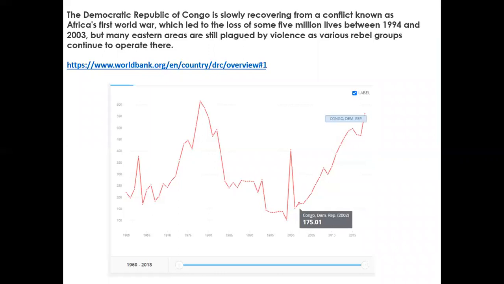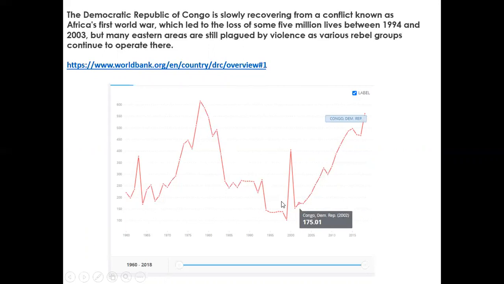During the year of the eruption, the GDP per capita in the DRC was particularly low. It was $175 per capita. And as you can see, since 1980 on this line graph, the GDP has been decreasing.